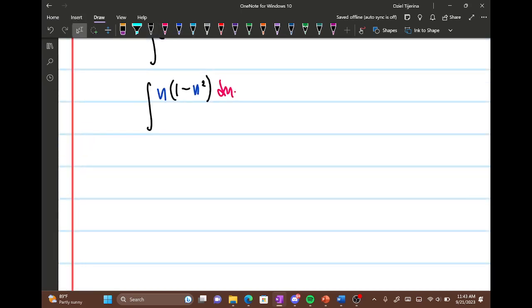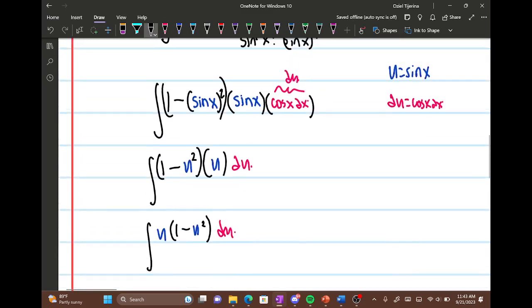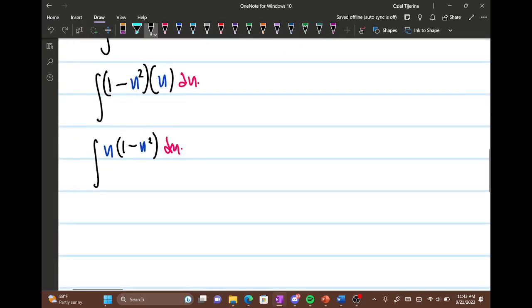The next step, number 4, is to distribute and integrate by power rule.